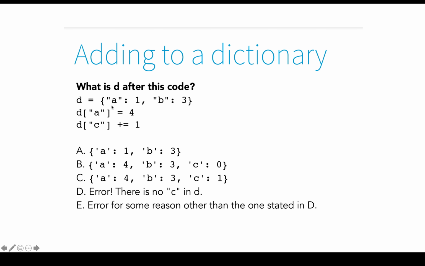Alright, what about this? This is exactly the same code except C plus equals 1. What's going to happen here? If we run our code, what is D at C? There is none. So it looks like there's going to be an error.